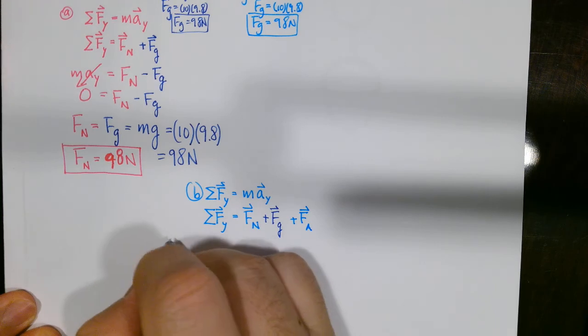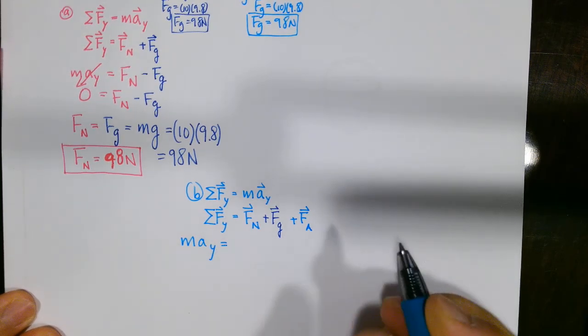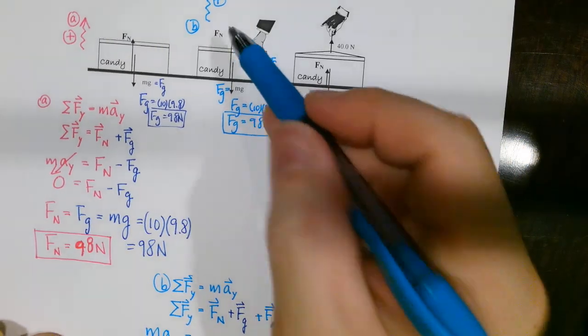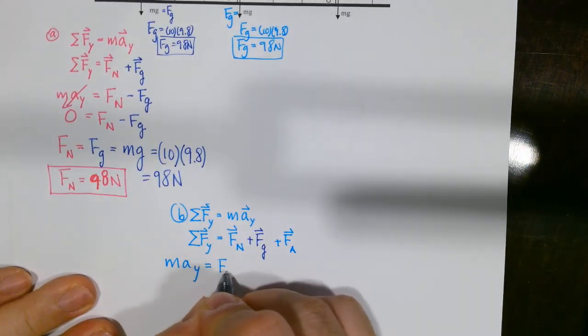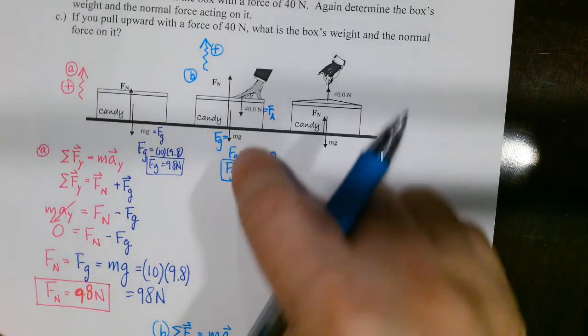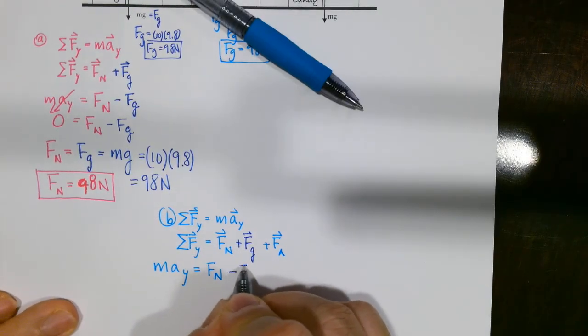So here, my MAy is equal to F normal, positive direction, so I'm going to keep it positive. Fg, downward direction, so it's negative, so minus Fg.